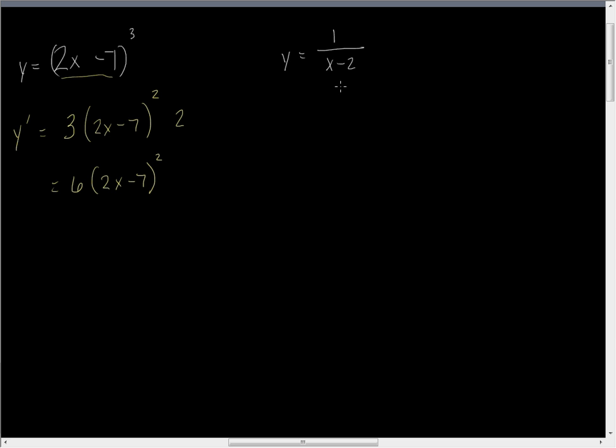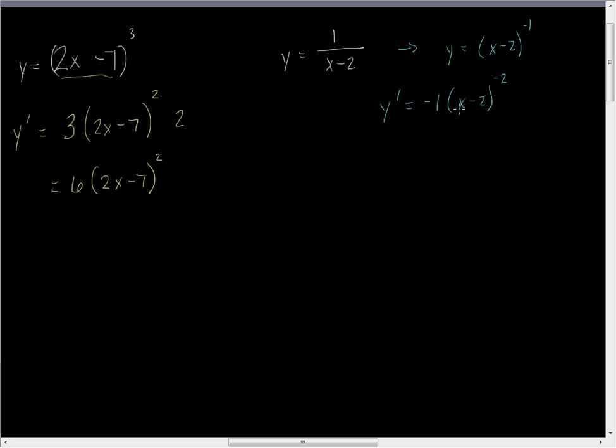Very similar on the other side. We want to be careful when we do this one that we convert this into a nice power so we can use the power rule. And so that's x minus 2, that quantity raised to the negative 1. Again, we're just going to follow the same steps. We take the derivative of the outside, so we bring down our negative 1, x minus 2, and now we subtract 1 on that to give us a negative 2 as the power.